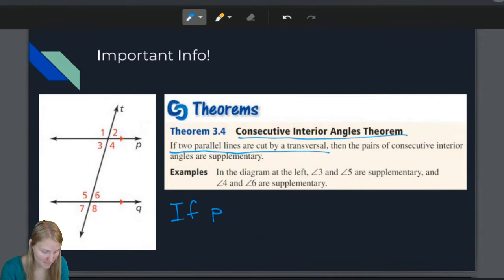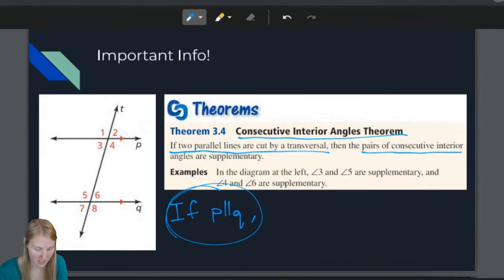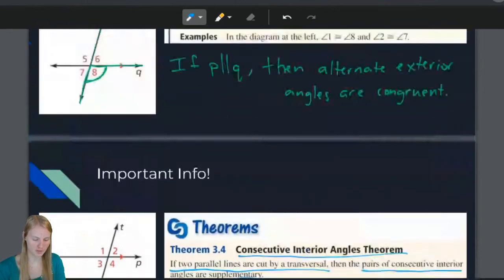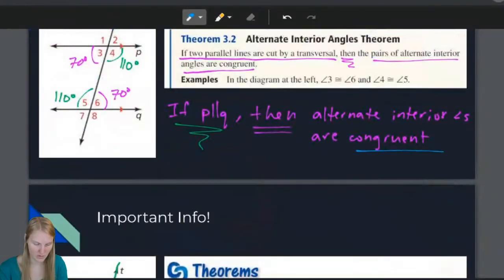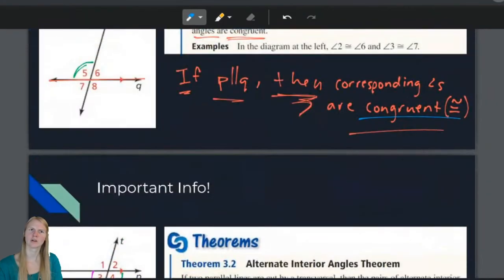If P and Q are parallel, then the pairs of consecutive interior angles are supplementary. So this is a little different. All the theorems beforehand were saying congruent. Look at that, congruent, congruent, congruent.